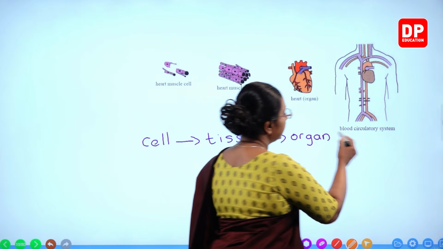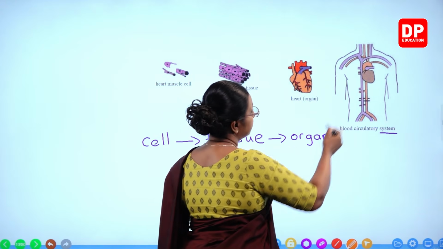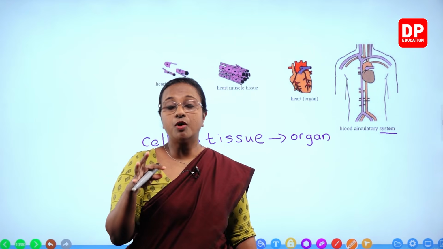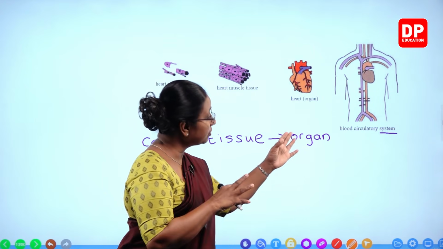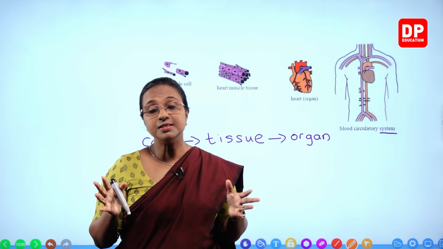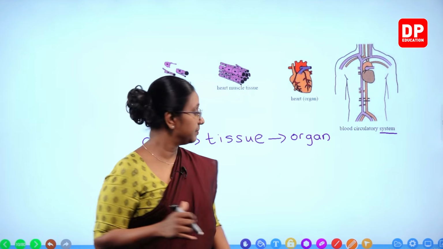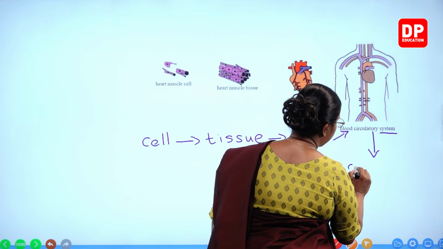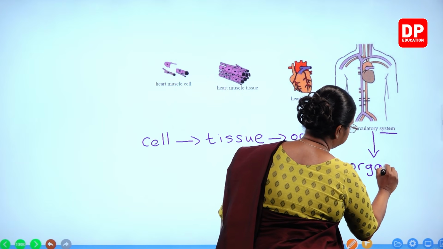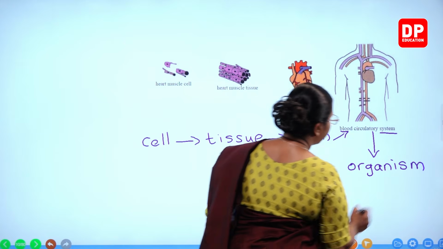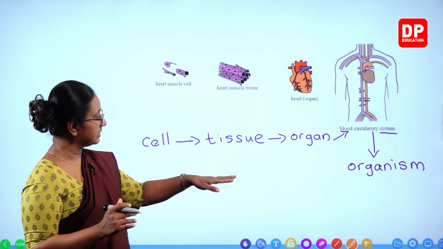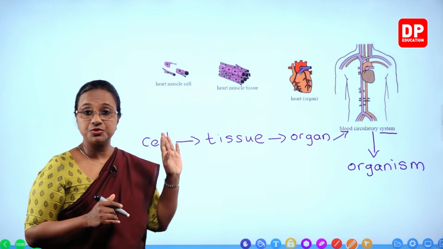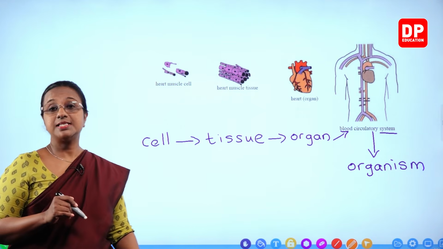Now here you can see a blood circulatory system, the heart with the veins, arteries, all the different types of organs relevant to that particular system make up the system. And many systems together, from there we get the organism. Now the organism is made up of many systems that are made up of organs. Organs are made up of tissues. Tissues are made up of cells.